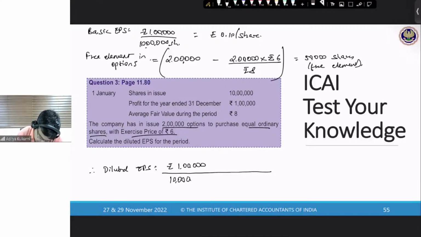What I told you, starting point is basic plus options के वजह से no change in the earnings, and number of free shares is 50,000 shares. So 1 lakh divided by 10 lakh 50,000. So that comes to rupees 0.095 per share.